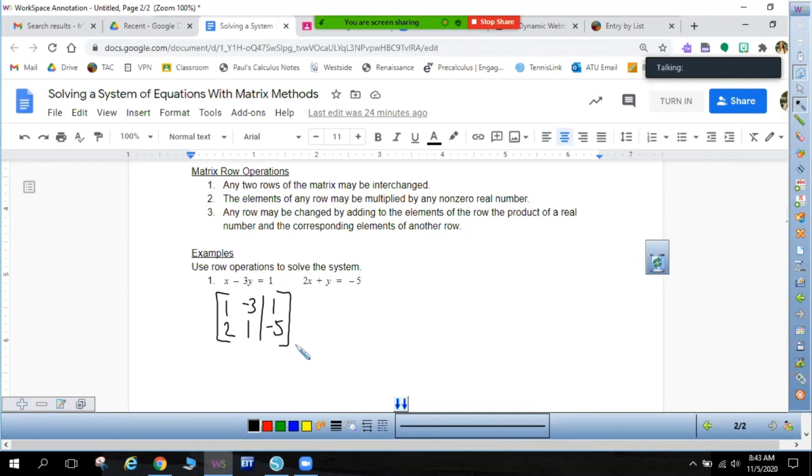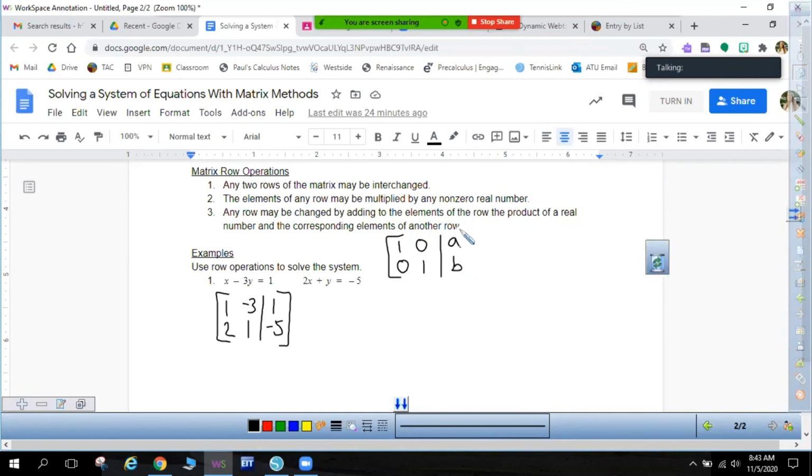Okay, so what we want this matrix to look like, our end goal, and this will be our end goal for any of these examples, is this. We want the first row to have a 1 and a 0, and then any number here. I'm just going to put A. It can be any number. We don't care. The second row, we want it to have 0, 1, and then any number here.